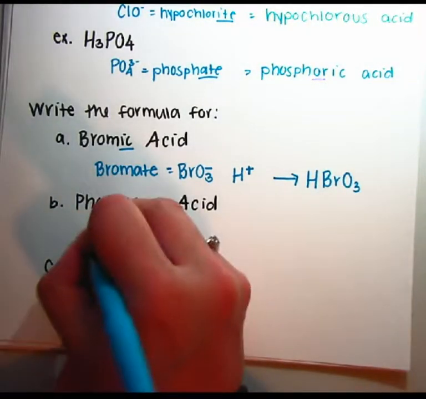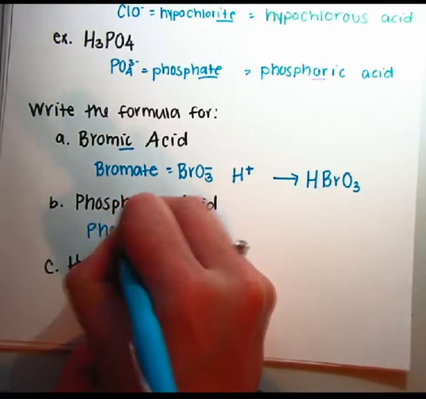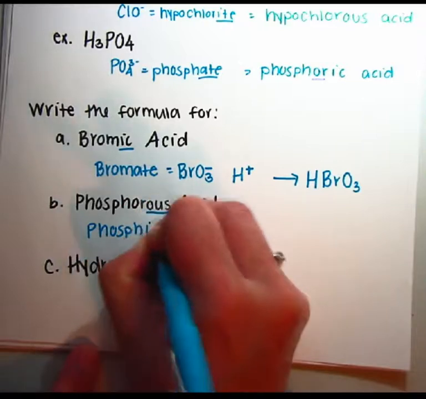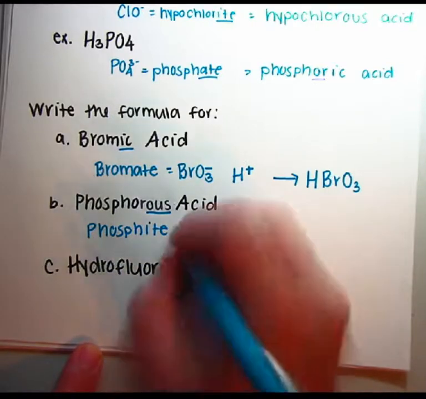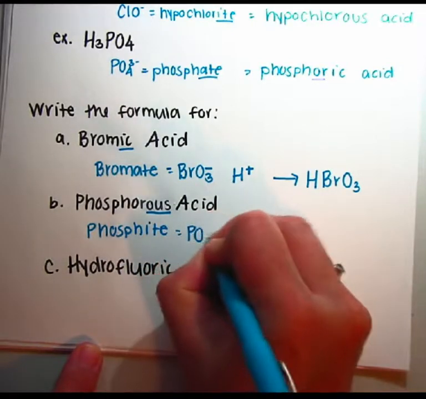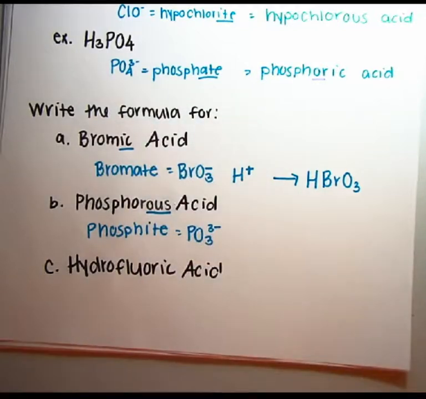That means that the polyatomic ion ends in ITE. So this would be phosphite. Phosphite is PO3, 3 minus.